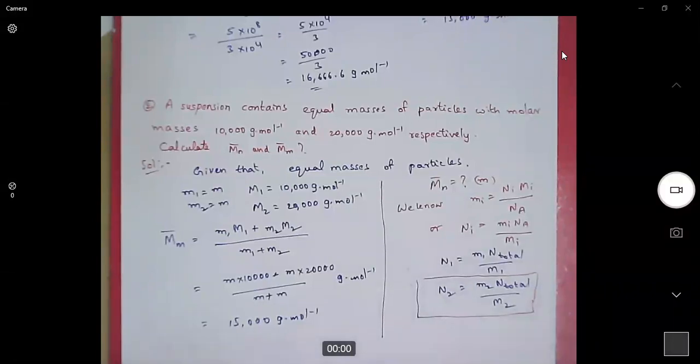When mass is given, mass can be converted into numbers using number equals mass into total number by molecular weight.